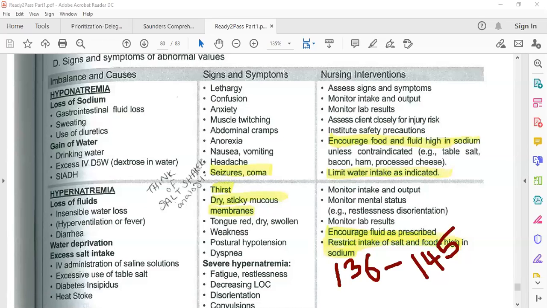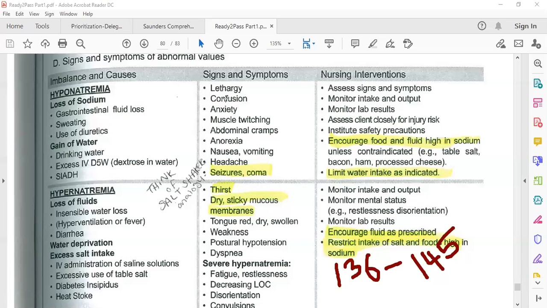So signs and symptoms. There are so many signs and symptoms. If I make it shorter, a hyponatremia patient finally develops confusion at the last.